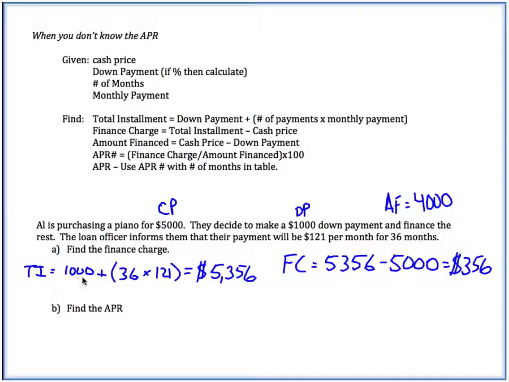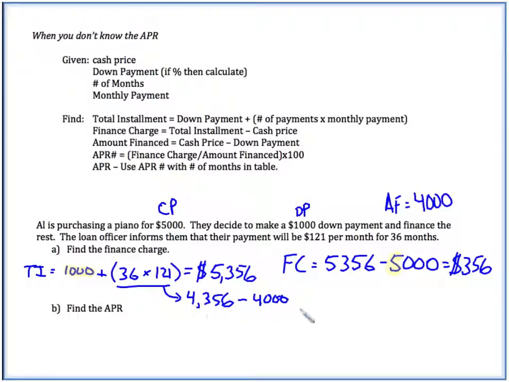Okay, now you might be thinking, why did we add in our $1,000 here if we're going to subtract the $5,000? Another way you could have done this is just by multiplying these two together, and that would have given us $4,356. So this would be your total of your payments, and then you could just subtract the amount that you financed of $4,000.